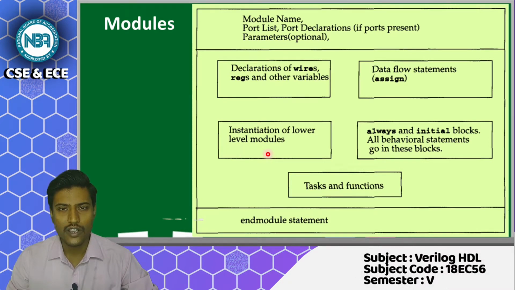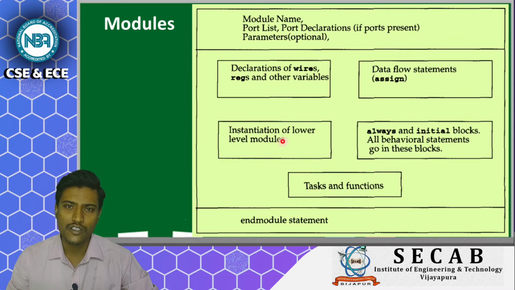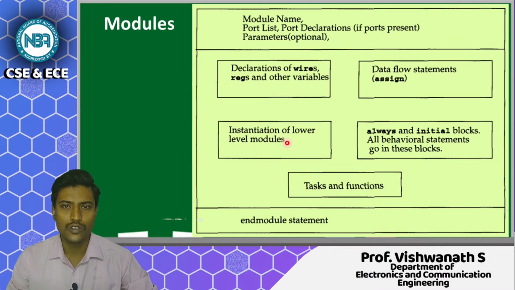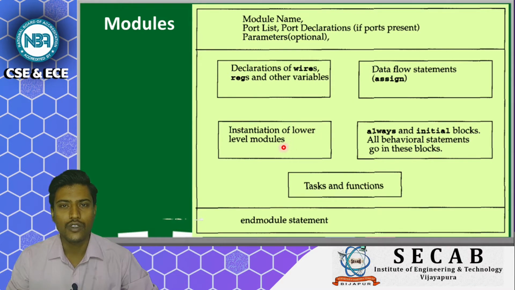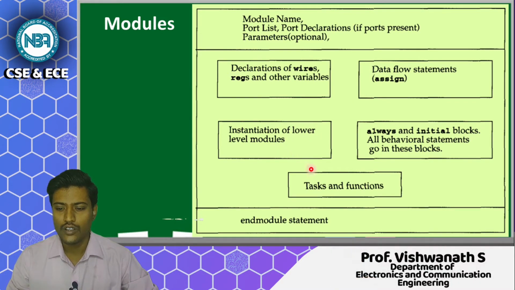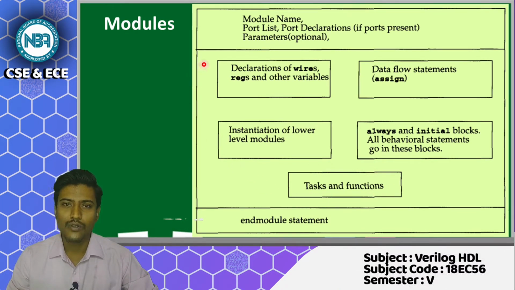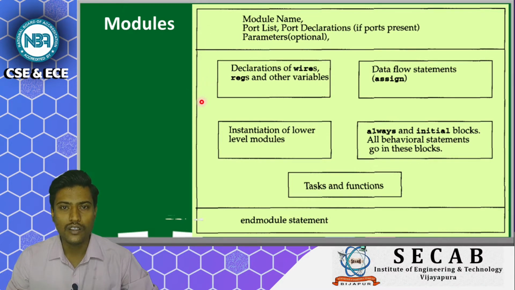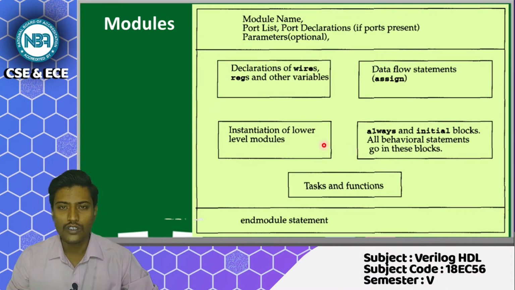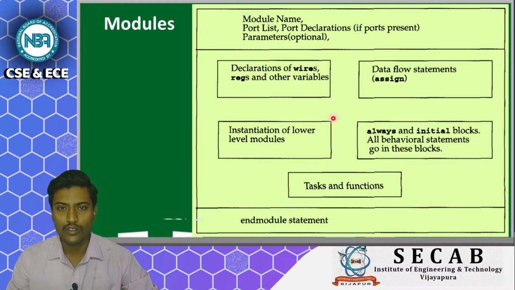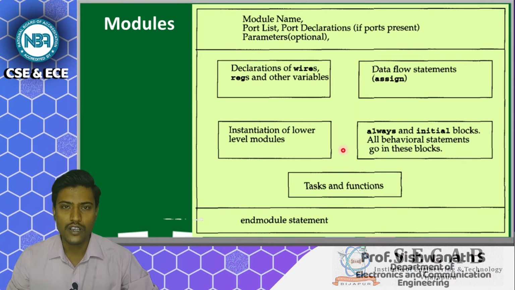This leaf cell will be instantiated in the upper modules, that is the sub modules, and in the top module we instantiate all the sub modules which have been taken out from that top module. We might also have tasks and functions. Once we go on writing programs, you will come to know how all the things declared here in the module part work, and you can understand them easily.